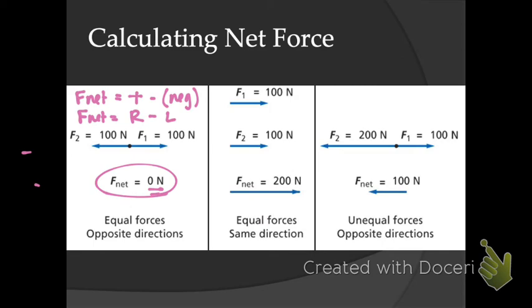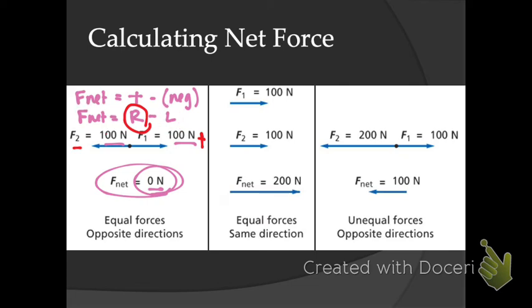You said 100 minus 100 has to equal 0. You did that calculation without even thinking, but that's the template you used. To the right are positive forces, and to the left are negative forces. So if I take all of my rightward forces, add them together, and subtract out all of my leftward forces, that gives me my net force.